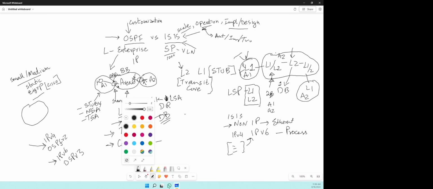Okay. The network number for ISIS has an anatomy like this. So it's got this format. Let me erase this to clear up this stuff.